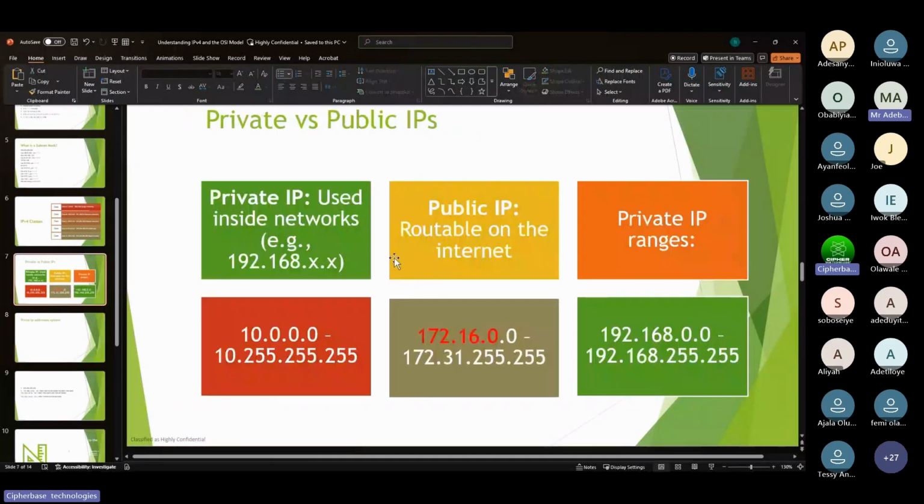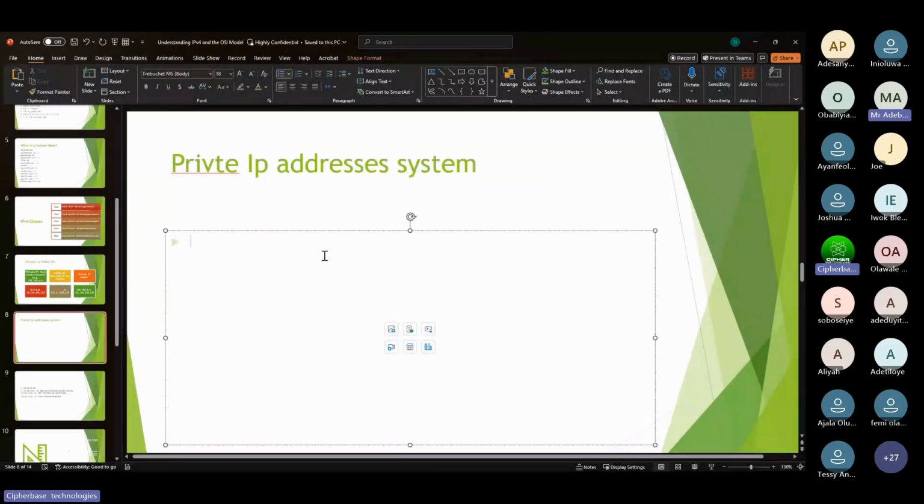We have range 1, 2, and 3. Starting with the first one: 10.0.0.0 to 10.255.255.255. The second one is 172.16.0.0 to 172.31.255.255.